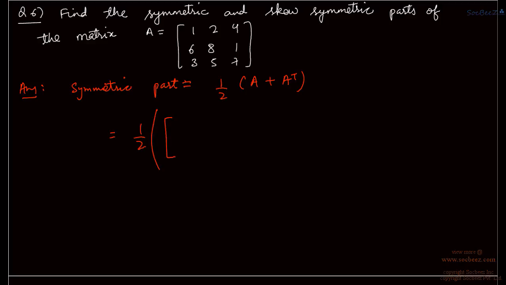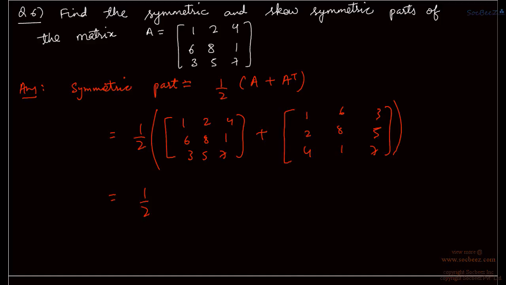So I'll just go ahead with the question here. So A is 1, 2, 4, 6, 8, 1, 3, 5, 7, and I have A transpose as 1, 2, 4, 6, 8, 1, 3, 5, 7. Right. Now add them up.